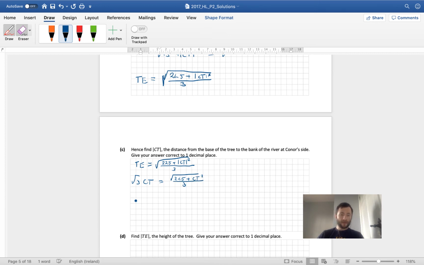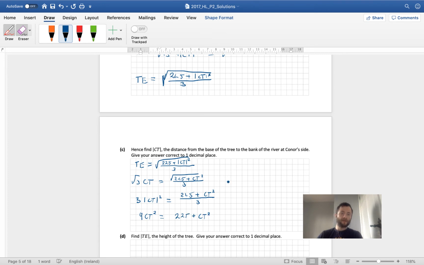Now I can square both sides and get 3 CT squared equals 225 plus CT squared, all that over 3. Multiplying both sides by 3 to get rid of the fraction, I get that 9 CT squared is equal to 225 plus CT squared.